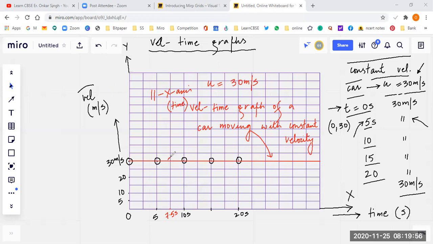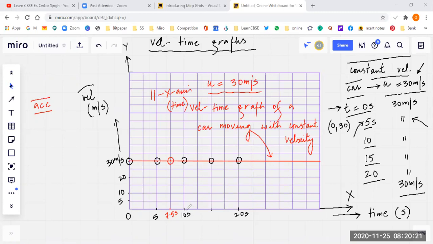So what will be the velocity corresponding to 7.5 seconds? 30 meter per second. Correct. That means regardless of the time, the velocity is constant, that is 30 meter per second.